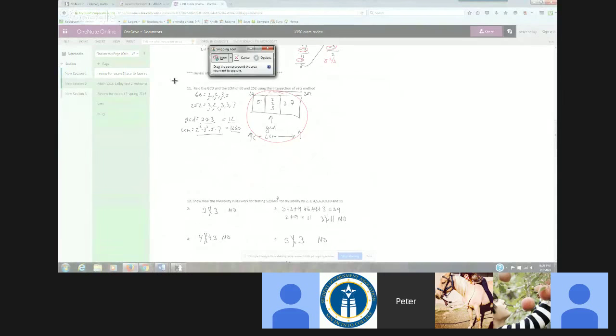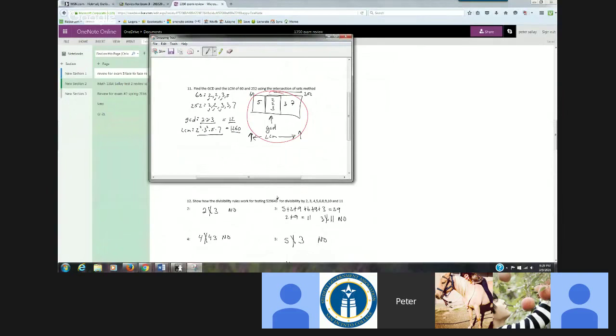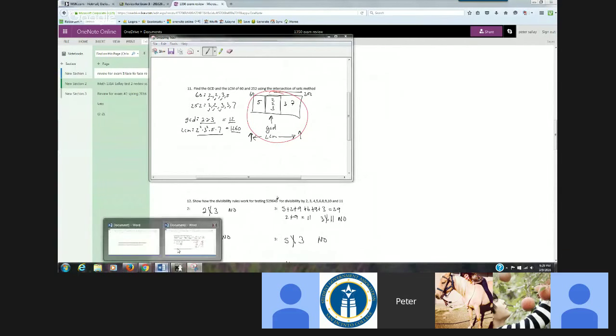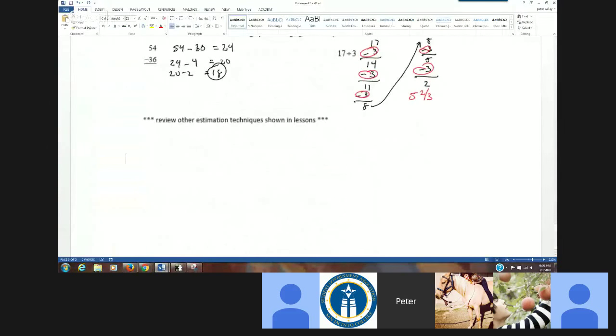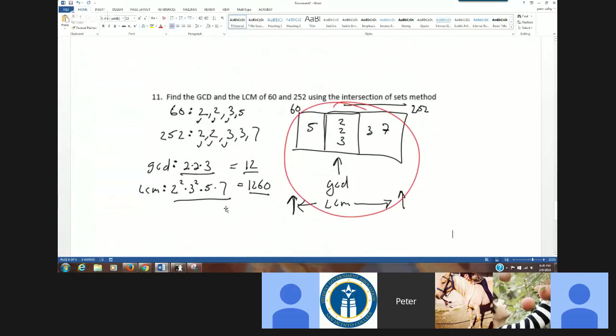Let me make it bigger so we can address it. This is another method that involves a very specific technique: the intersection of sets method. So the trick here is to first break them up into prime factors. The intersection of sets method kind of did it two different ways.